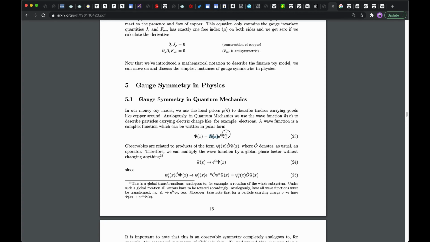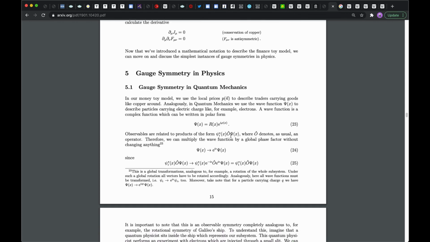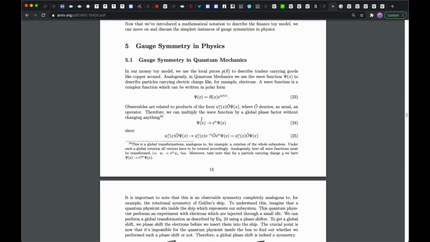One is r of x, and another one is phi of x, with the corresponding complex exponential here. And we will see later that in quantum mechanics we usually have also a dual wave function to the original one, and in our calculations we will need to multiply those with some kind of matrix or operator called an observable, and obtain some kind of number, like a probability for some event.